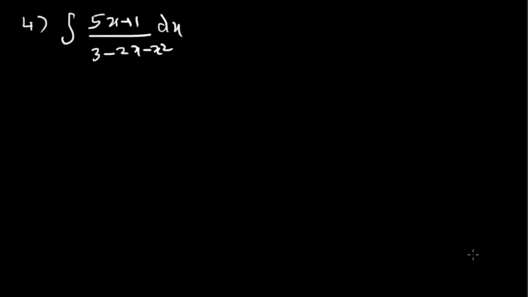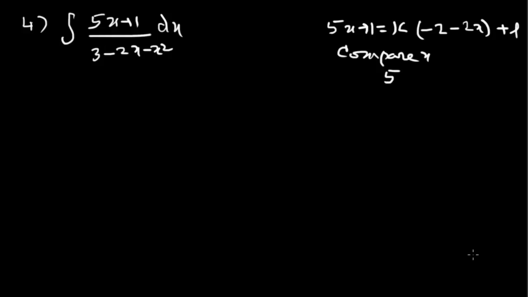As usual, numerator: 5x plus 1 is equal to k into differentiation of the denominator, that is minus 2 minus 2x, plus L. Now compare x. Then the left hand side is 5. Here k into minus 2x is minus 2k. Therefore k is equal to minus 5 by 2.